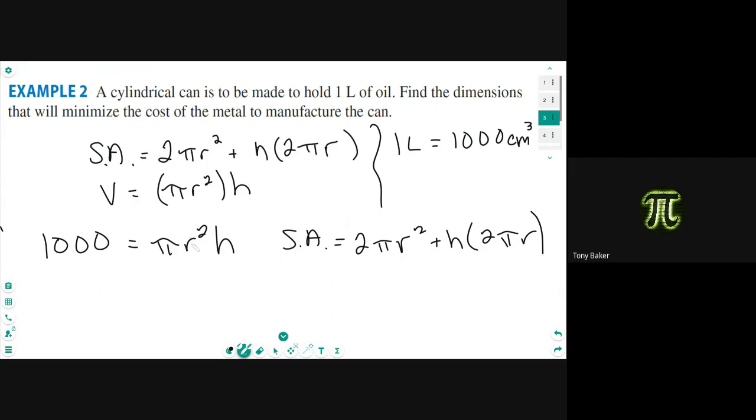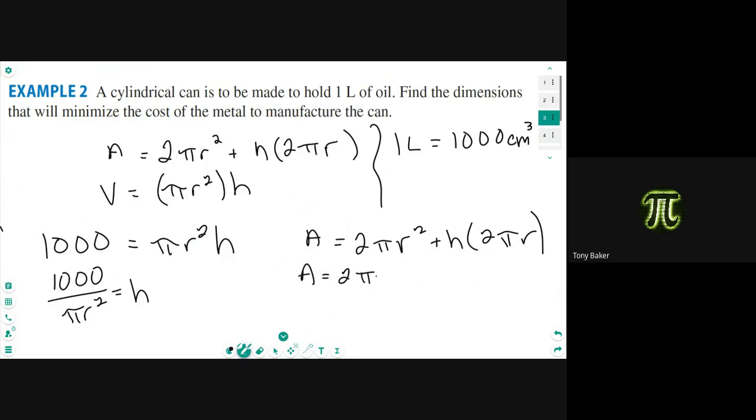Yeah, it's probably going to be easier to solve for h, because then I don't have to do a square root. Which we then can plug in over here. So I'm just going to write this as a instead of SA, so we don't have two letters when we're bringing this through.